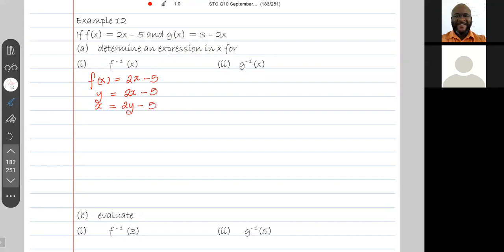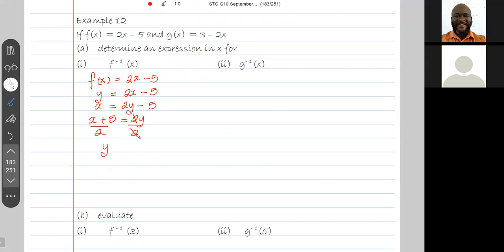Step 3 is to make y the subject again. I need to have y by itself on one side. So minus 5 on the right goes over to the left and becomes positive 5. I'm going to divide both sides by 2. And by doing that, the coefficient of y is going to become positive 1.